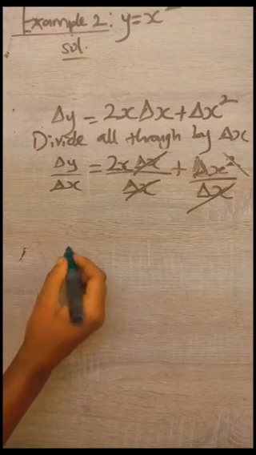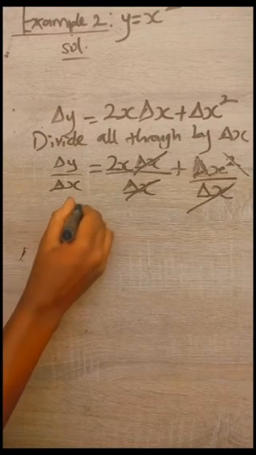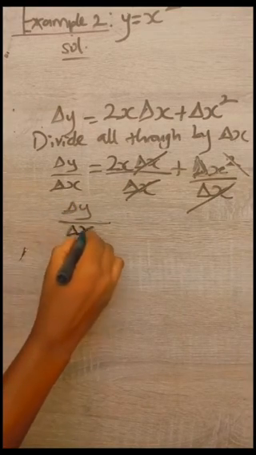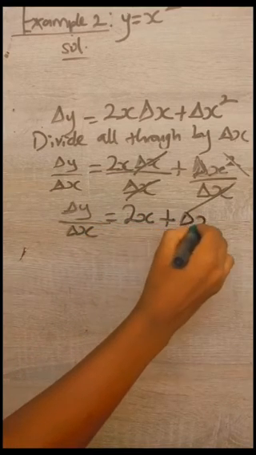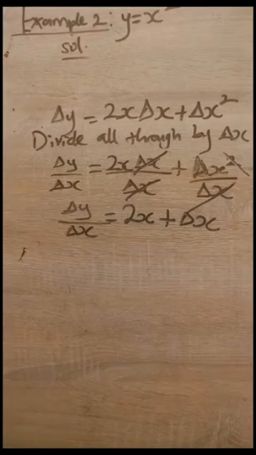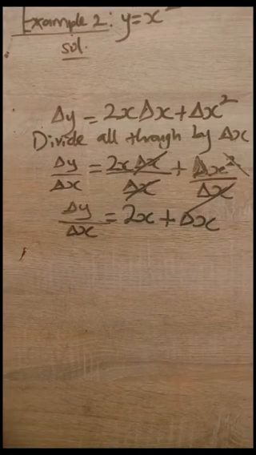So finally I'm having change in y over change in x equals 2x plus change in x, and we are still having a change in x.